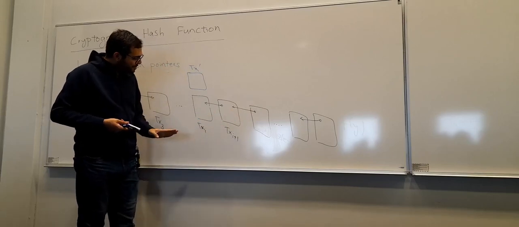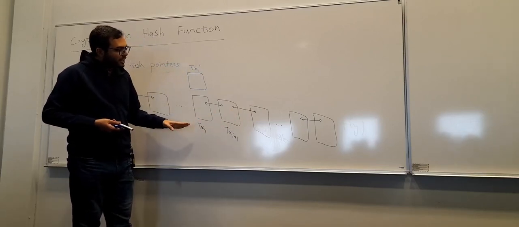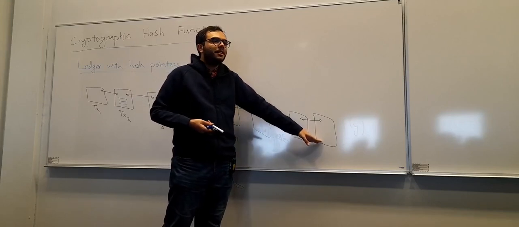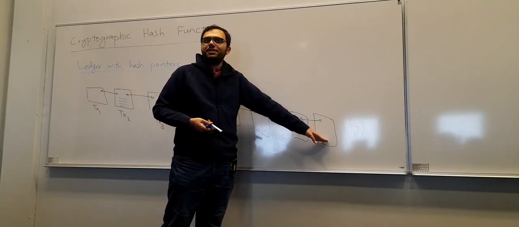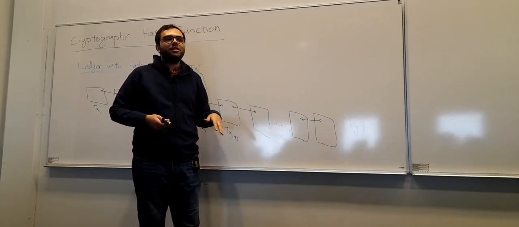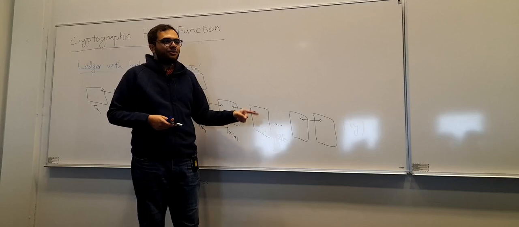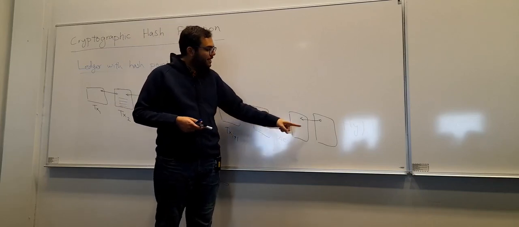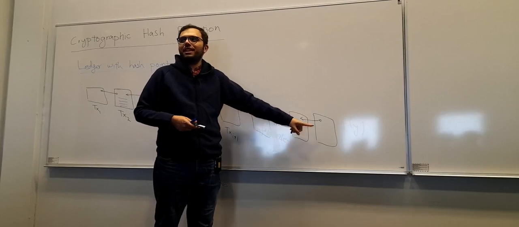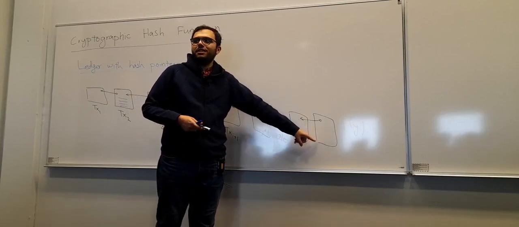Any change that happens somewhere in the middle would definitely lead to a change in the very last transaction. So if you just keep track of the last transaction, as a consumer, you don't even have to keep track of all the transactions. If you just keep track of the last transaction, this small hash pointer in the last transaction is enough to ensure that the bank cannot change the history.